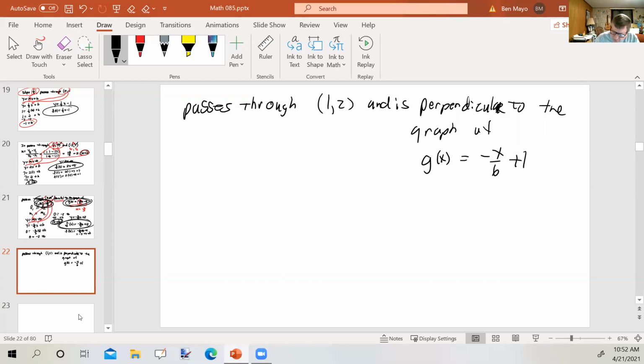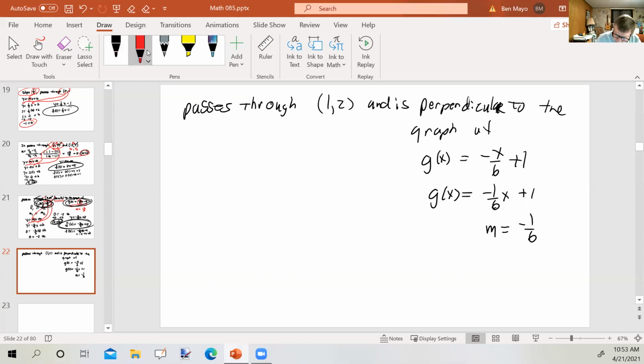Well, first of all, let's rewrite that g of x so that it's obvious that the slope is negative 1/6. Keep in mind there's an implied 1 in front of the x, so it's negative 1x over 6 or negative 1/6 x. So the slope here is negative 1/6. Now, whereas parallel lines have the same slope, perpendicular lines, those that meet at a right angle or a 90-degree angle, have slopes that are negative or opposite reciprocals.